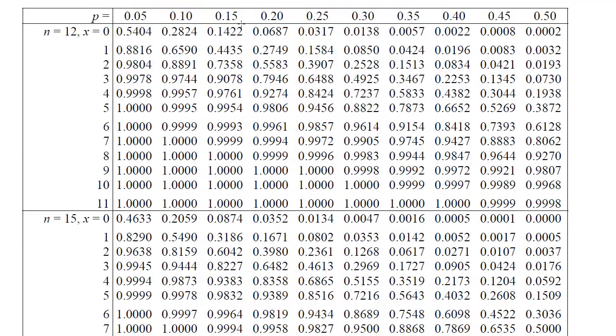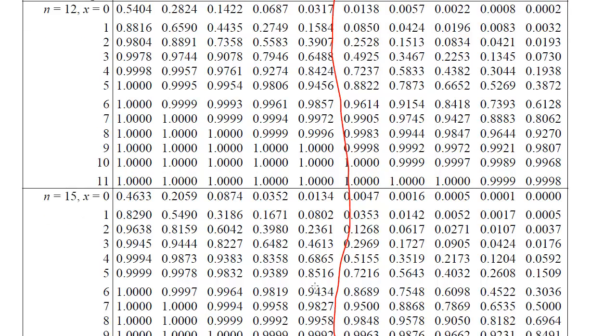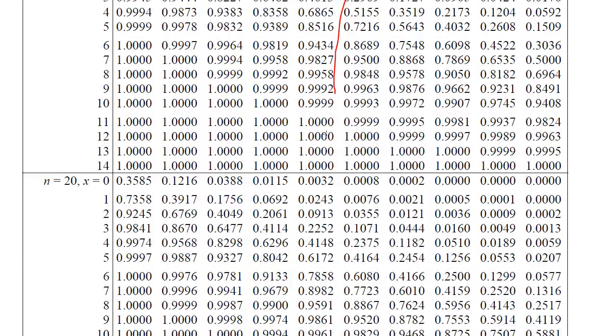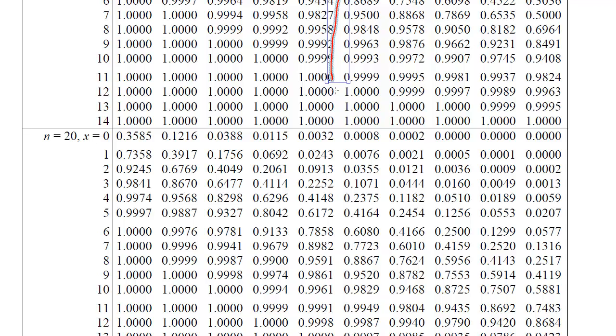So 0.25 is this column over here. We are looking for the probability less than or equal to 0.025. So 0.024 is the closest we can get.